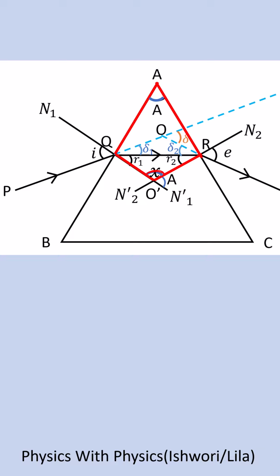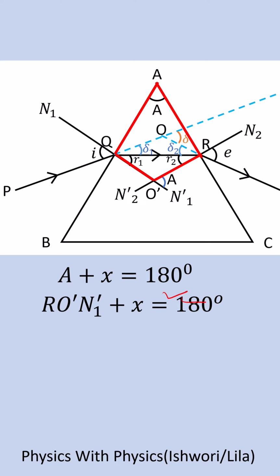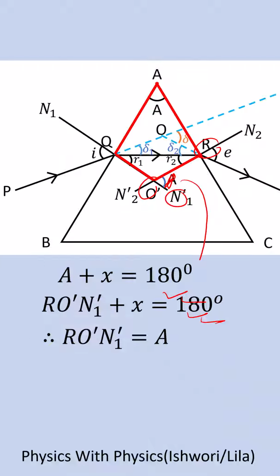Now the sum of A plus x is equal to 180 degrees. That's why this angle is equal to A.